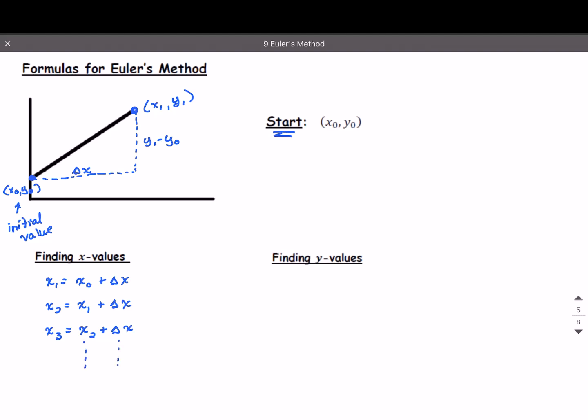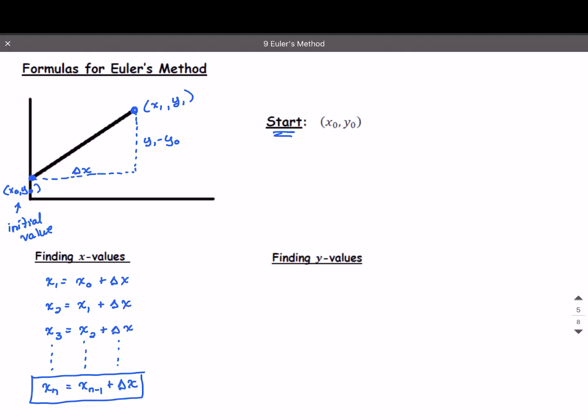So this is a recursive sequence, right? So x sub n would be the x term that comes before it plus delta x. This is how you find the x's. You take the x value that came before and add our change in x. Now, how do we find the y values?